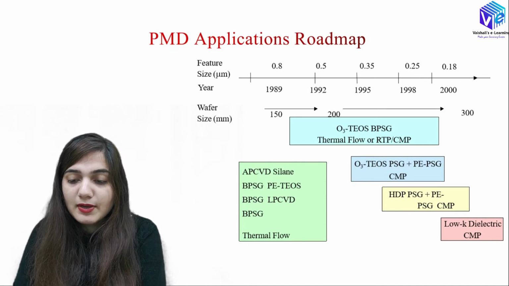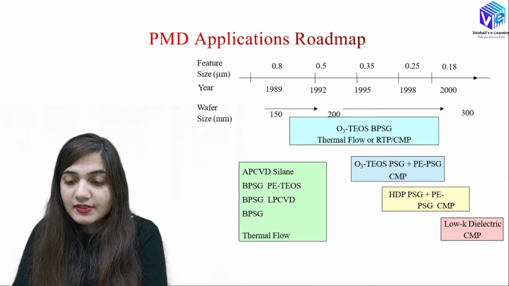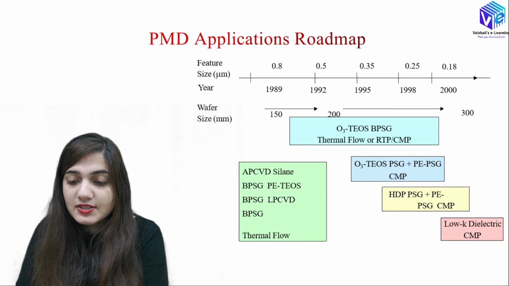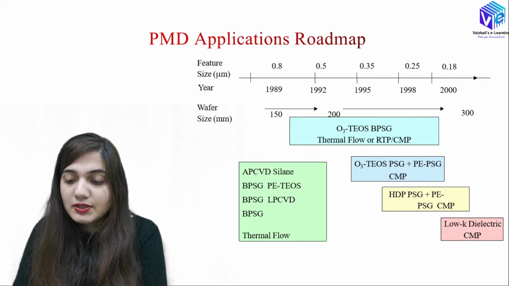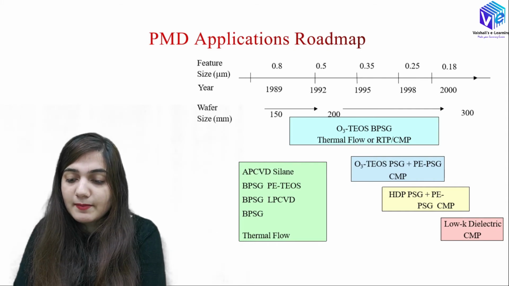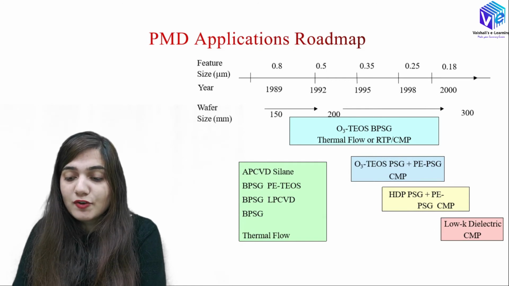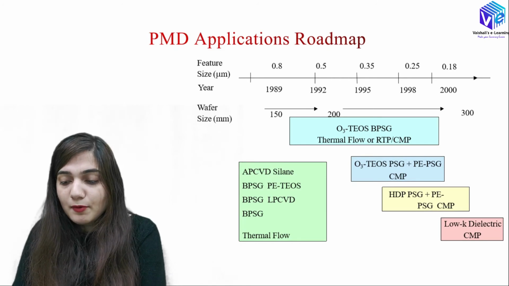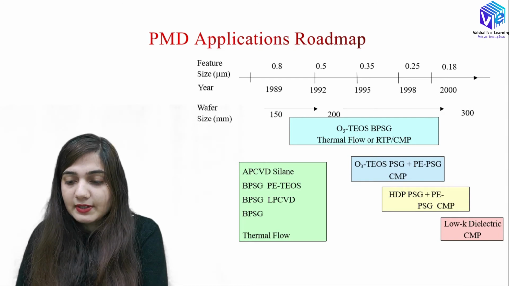We were using thermal flow for the planarization. After that we used O3 TEOS BPSG with thermal flow or RTP or CMP, then O3 TEOS PSG plus PE PSG, and then chemical mechanical polishing. Then we used high density plasma phosphosilicate glass plus PE PSG with chemical mechanical polishing, and after that we are using low dielectric constant material with chemical mechanical polishing.